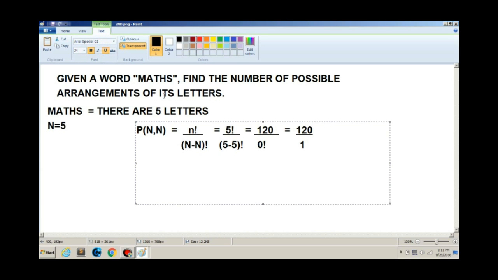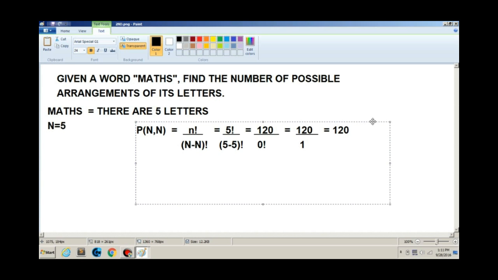So the answer is 120 itself. There are 120 possible arrangements of its letters.